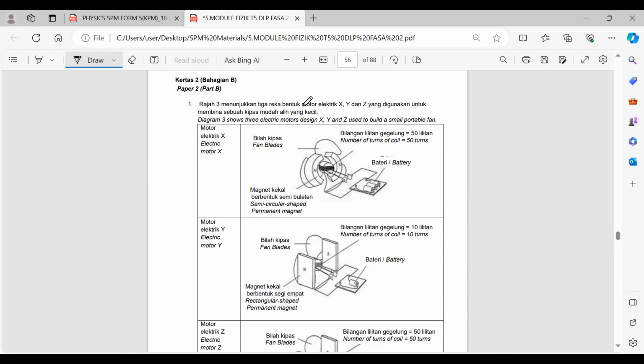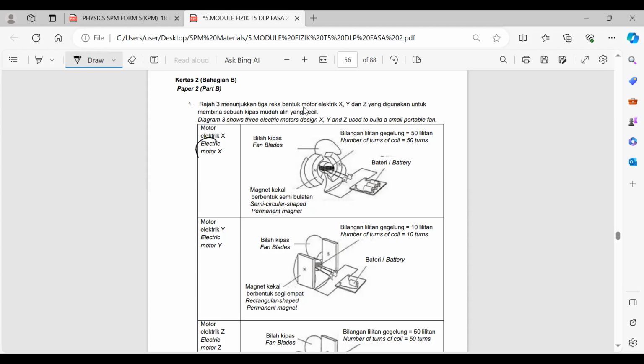So diagram 3 shows 3 electric motors, designs X, Y, and Z, used to build a small portable fan. Electric motor X. They come in Malay and English, sometimes.